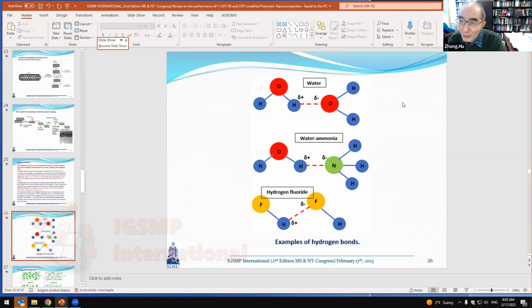The first one is the water molecule. Because of the asymmetry of the electron cloud, the positive and negative charge centers deviate, so they can bond together. Similarly for ammonia or fluoride. They all can easily form hydrogen bonds.